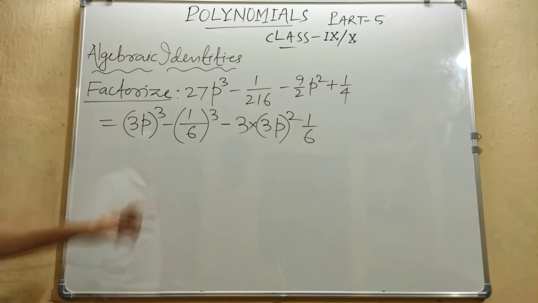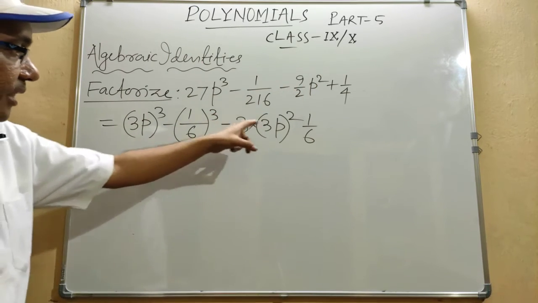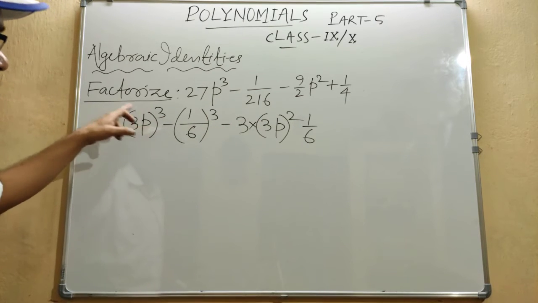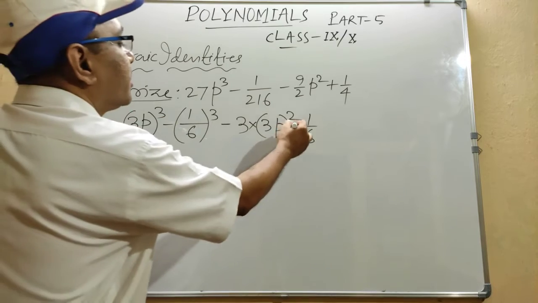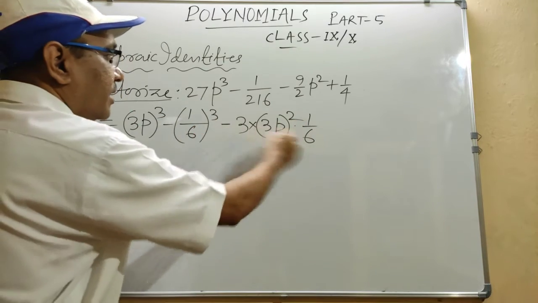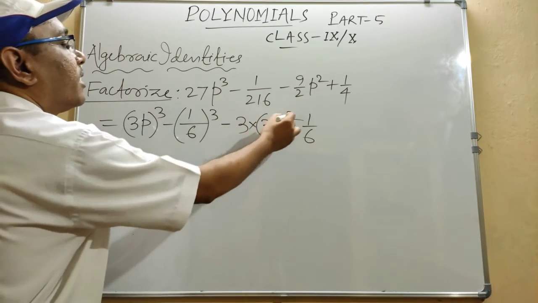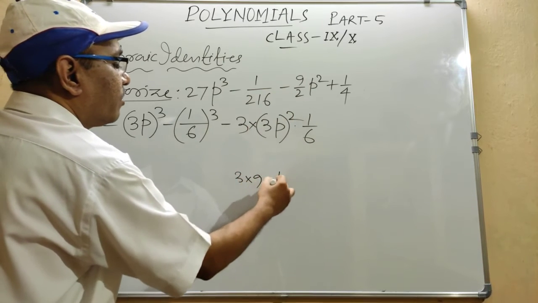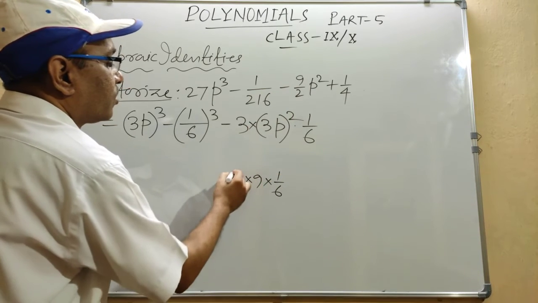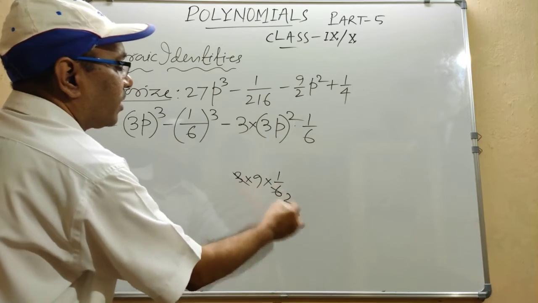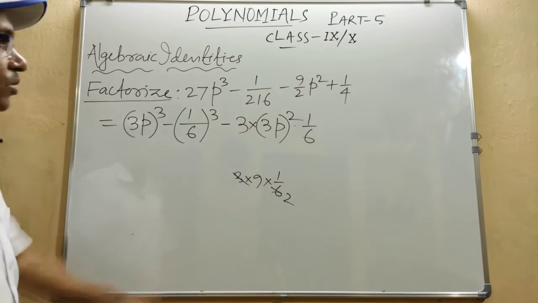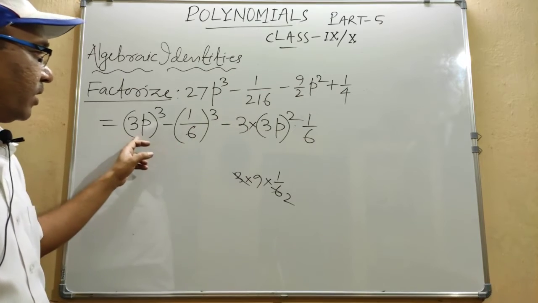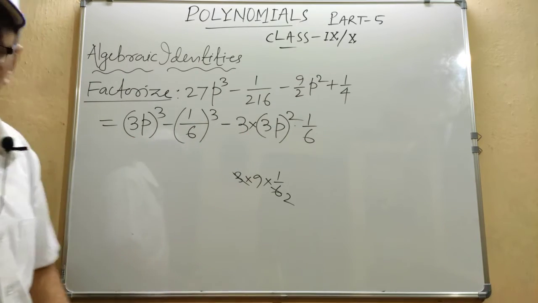Now you see, it is a cube minus b cube minus 3a square b. 3a square, a square means its square, into b, b means 1 by 6. It is 3 into 9 into 1 by 6. So 3 2s are 6, it will come 9 by 2. So this 9 by 2 p square can be written as 3 into 3p whole square into 1 by 6.